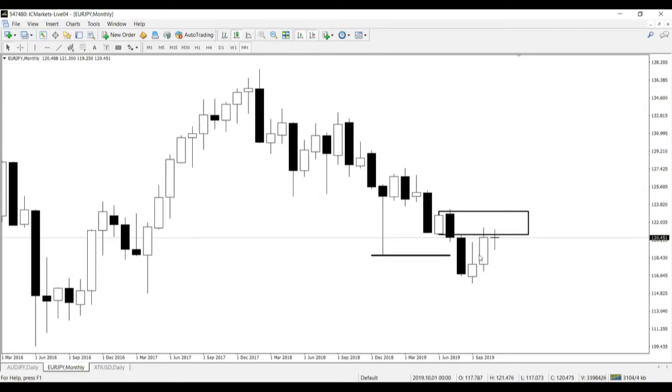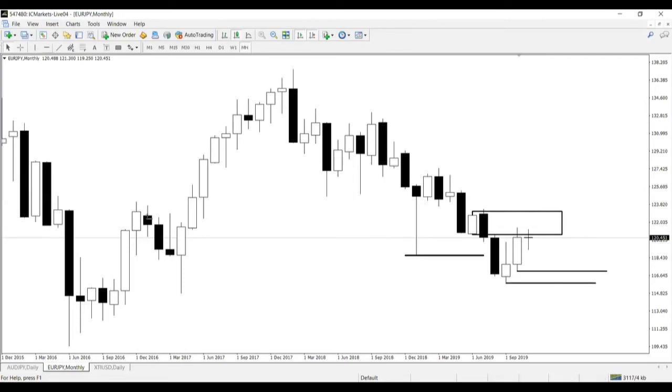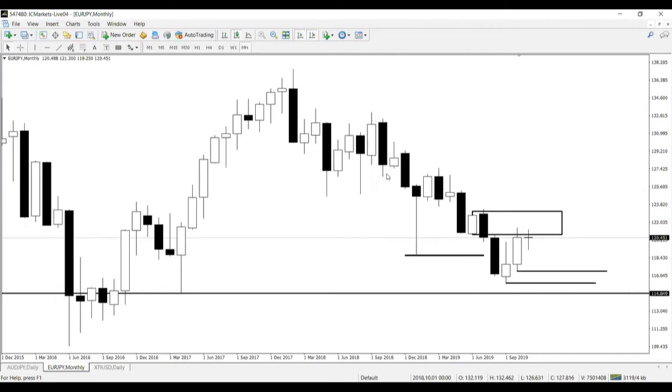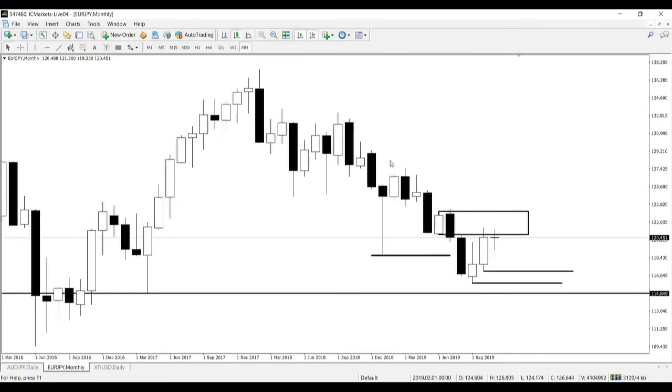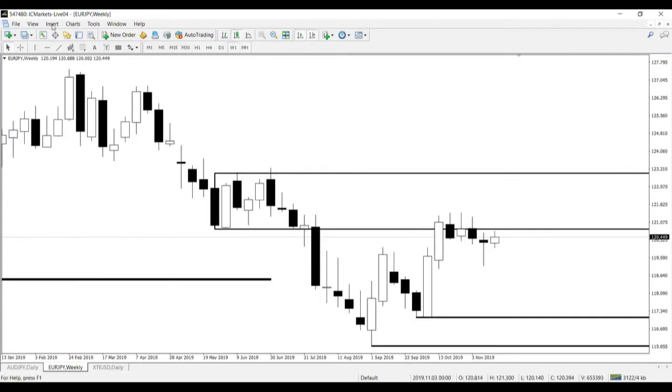We took out the high of September and managed to reject the EQ of the significant block. These significant lows were all my delineated targets of price, heading towards these significant lows of the 114,850 region.